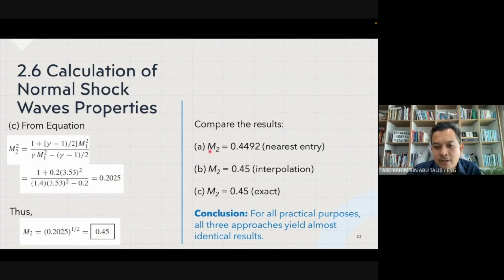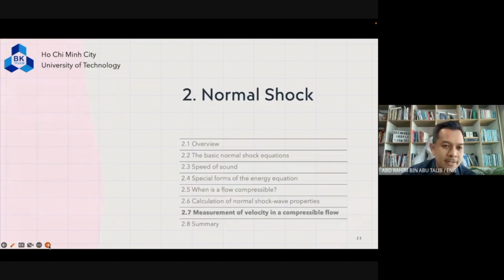As a conclusion, to compare the results: nearest entry gives 0.4492, interpolation gives 0.45, and the exact solution using the equation gives 0.45. For all practical purposes, all three approaches yield almost identical results, meaning that you can use either one depending on the type of accuracy that you require.